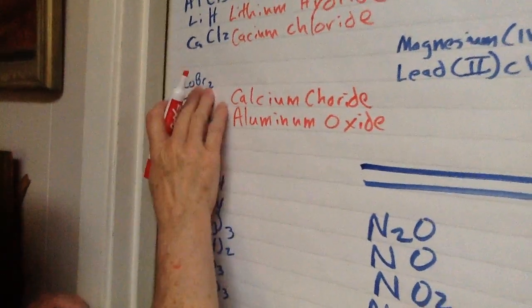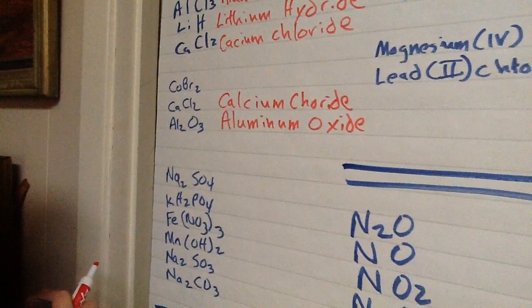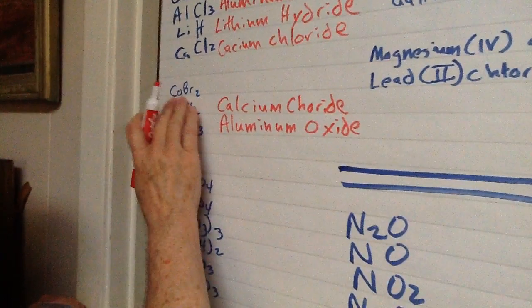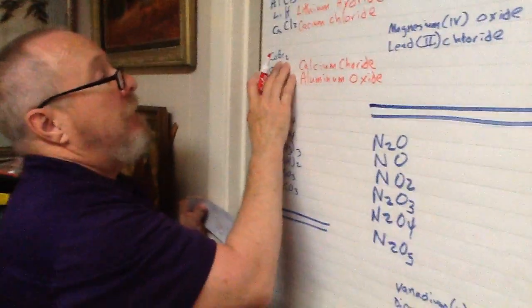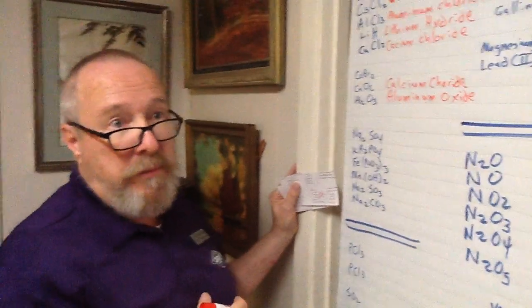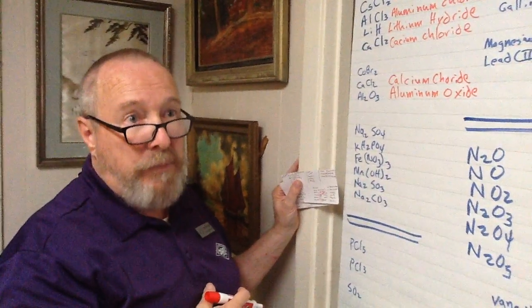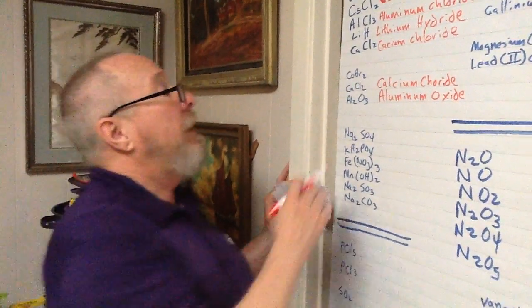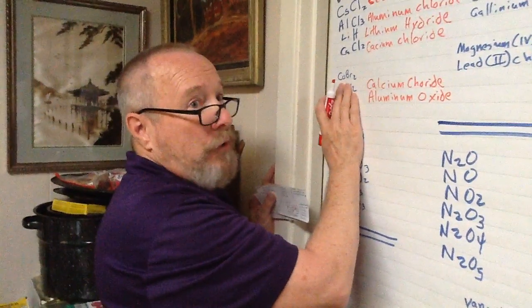But, here's cobalt. And so cobalt has different forms. In this one, bromine is a group 7 halogen. It always forms a minus 1 ion, bromide ion. But this cobalt can have different charges.